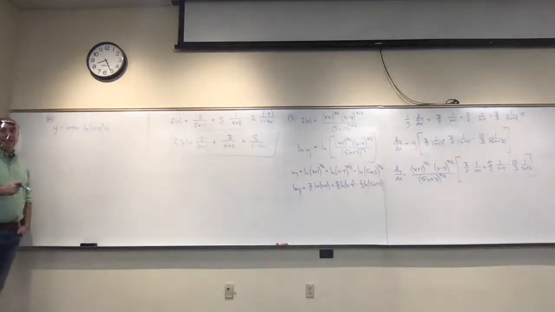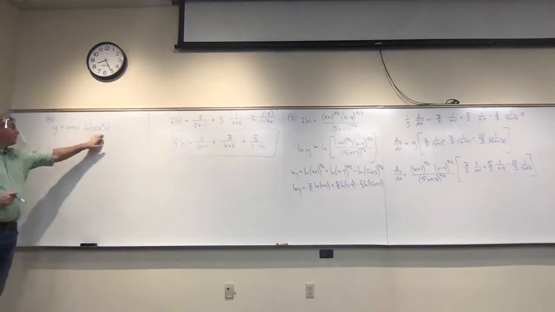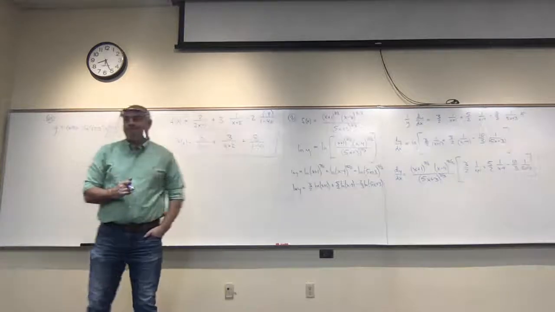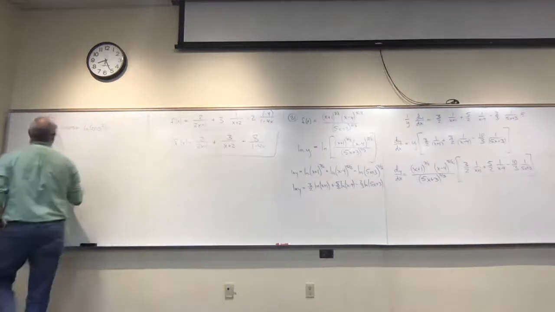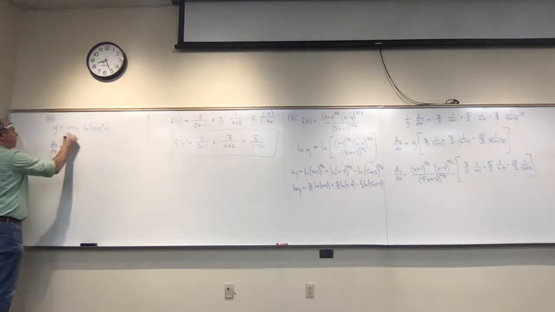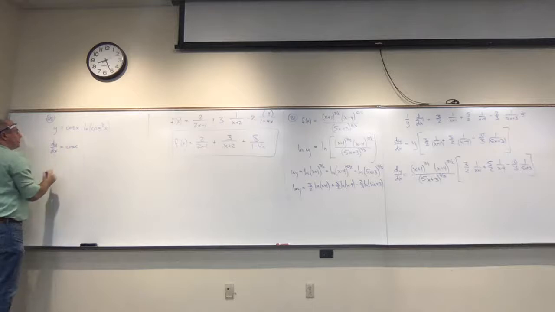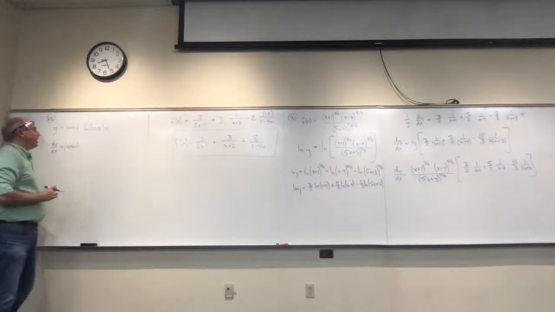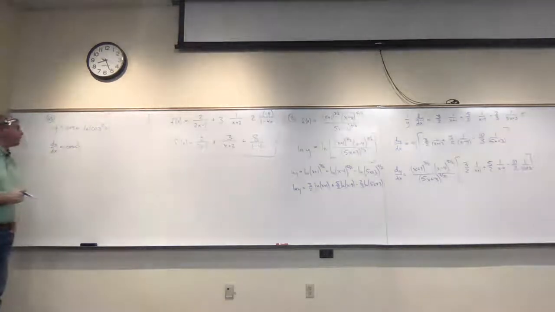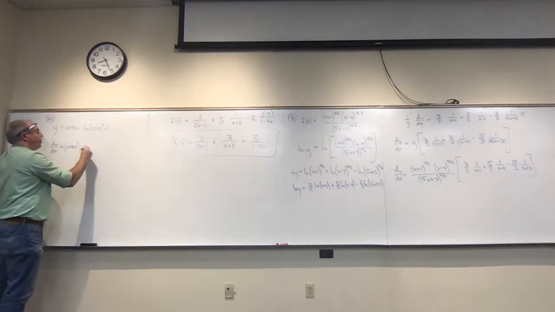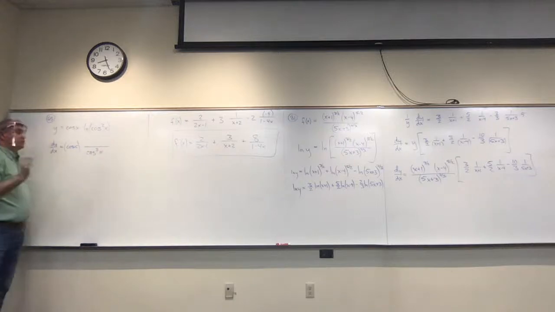The first thing that I see here is that it is the product of two things. So I need to use the product rule. So I take the derivative, dy dx, and I get the first one, leave it alone, cosine x, times the derivative of the second one. Now this is the one that's more interesting, right? So the derivative of ln of something is 1 over that thing times the derivative of that thing.